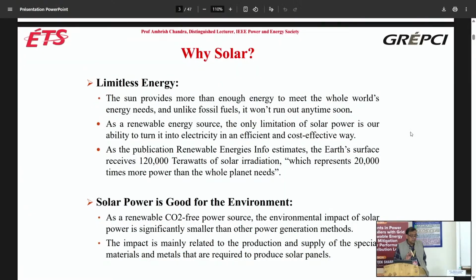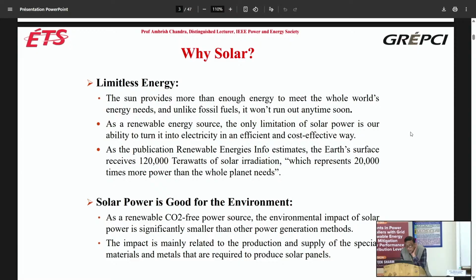So this is the issue. Basically, when you are producing solar panels, it may have some environmental impact. And after 20-25 years, when you recycle them, work is going on in this direction on how to recycle them, but it may have environmental impact.